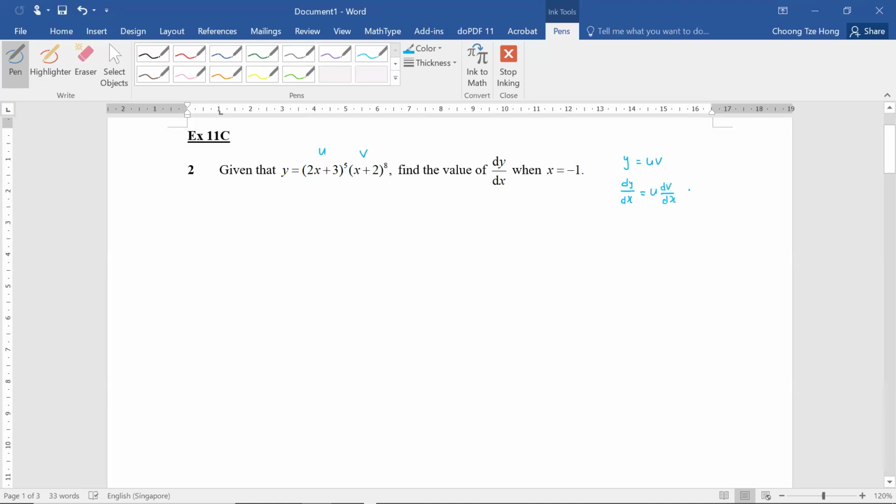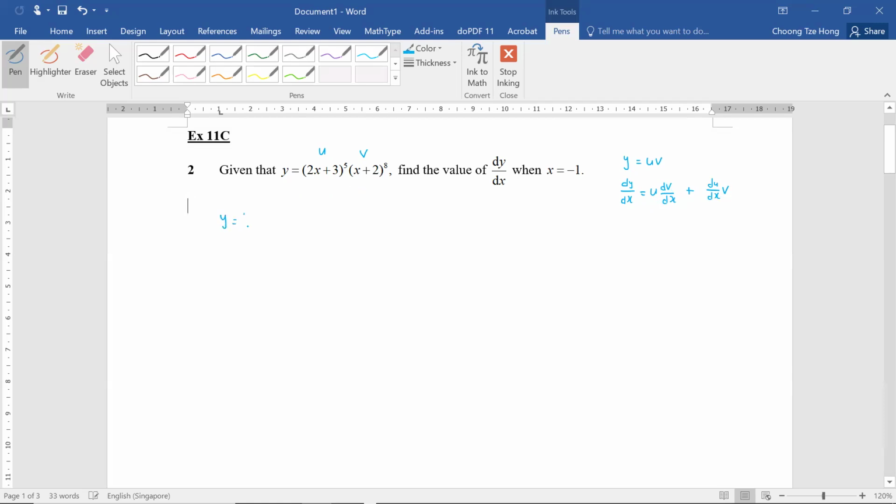Then for the second half, we will do the opposite. Now we will differentiate u instead, and we will not differentiate v. So this is the product rule. Let's try to apply this to differentiate this expression.